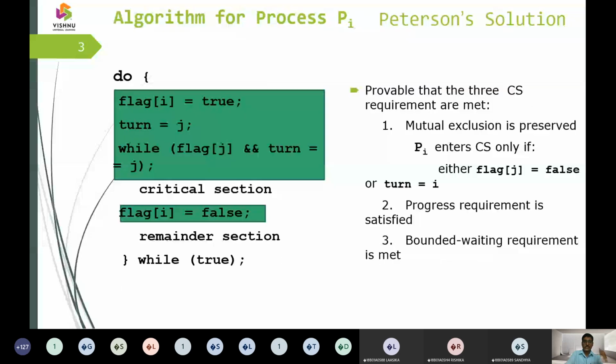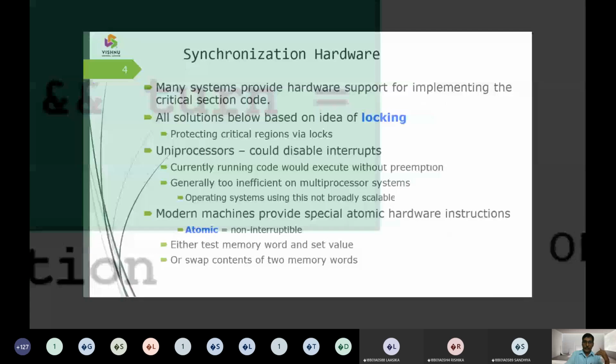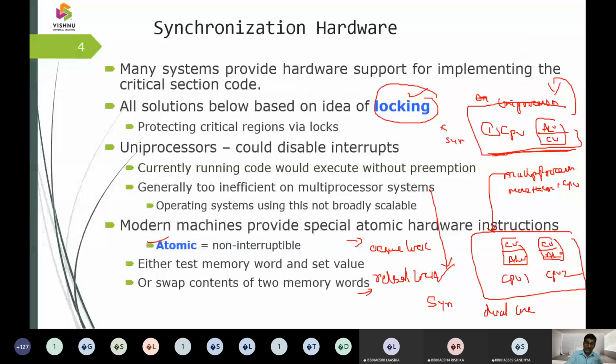The entry section and exit section are bounded with the flag variable and turn variable. Later on, the synchronization hardware acquires a lock over all the shared content with a locking mechanism, and it is not meant for the uniprocessor environment, because only one CPU is there at that time, and only one job is going to execute.